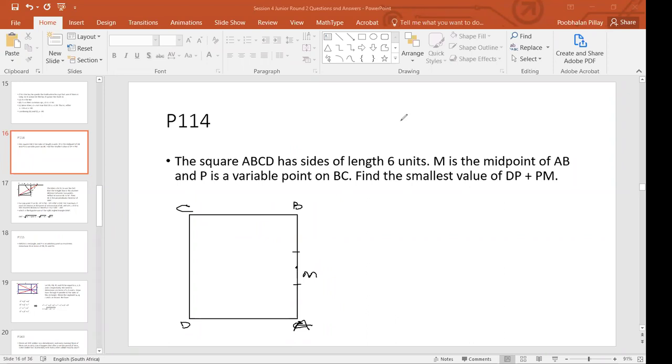I need to redraw this again. Just one moment, please. Sorry. I wanted P to be on this vertical line. So the original thing was correct.